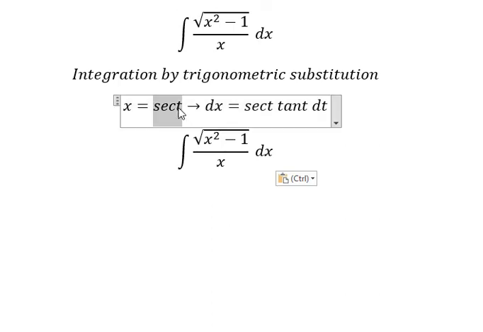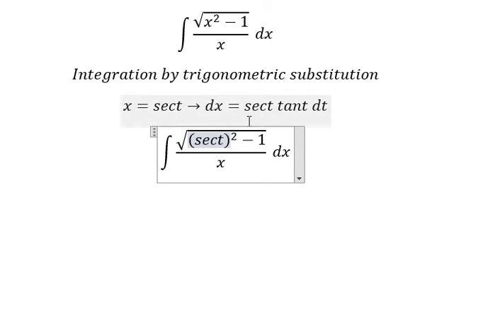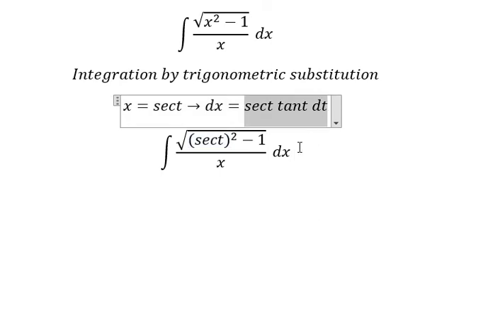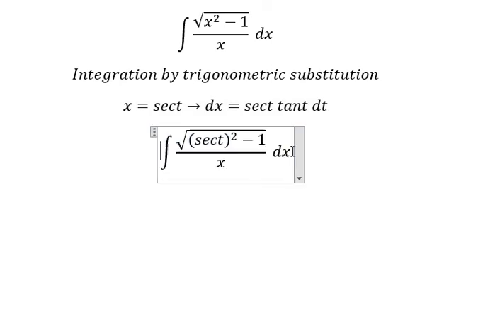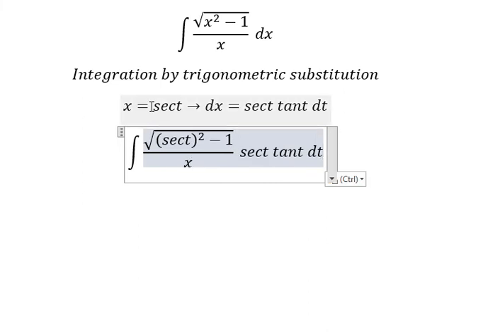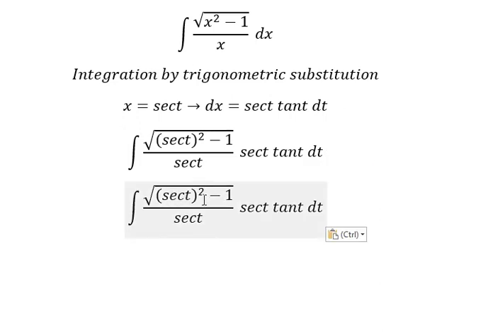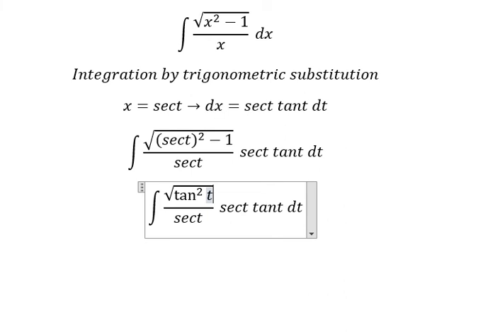So I will put this one going here. ds we change by this one, and s we change by this one. Secant of t squared minus 1 we change to tan t squared.